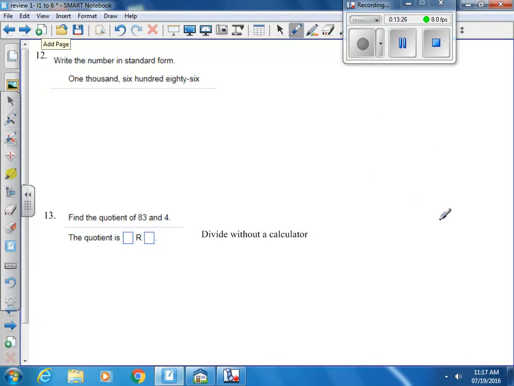Number 12, write the number in standard form: 1,686. I always say students that have English as a second language, this might not be an easy task. I mean, imagine writing a number in Spanish, you have to think about it. It's kind of like if that was a check, how much is that?